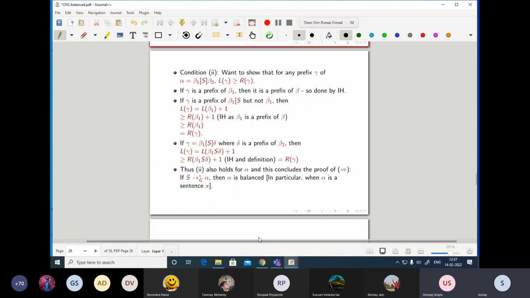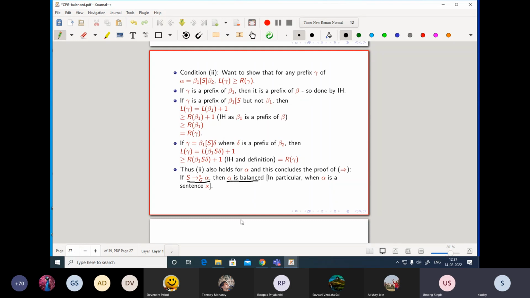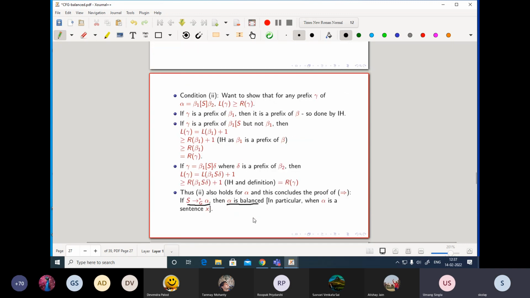And therefore, no matter which sentential form we are deriving from S, alpha is always going to be balanced. And therefore, if alpha is a sentence, then that is the balanced parenthesis string that has been derived, and therefore it is also balanced. Any questions regarding the first part?